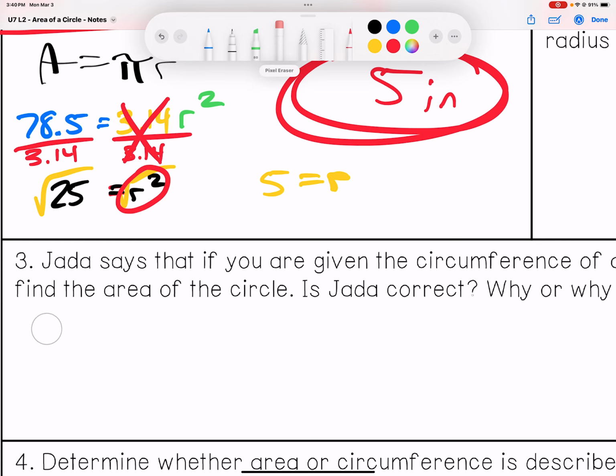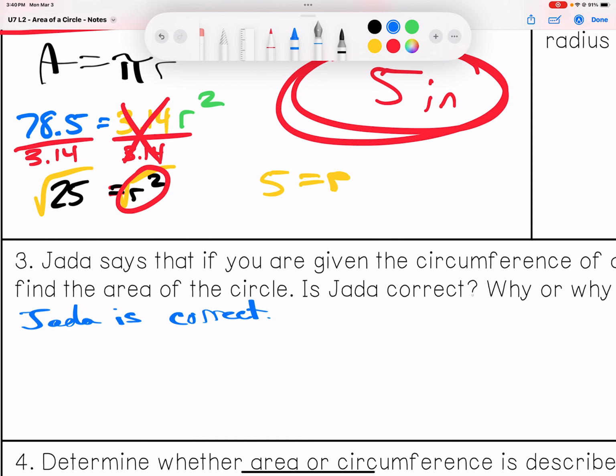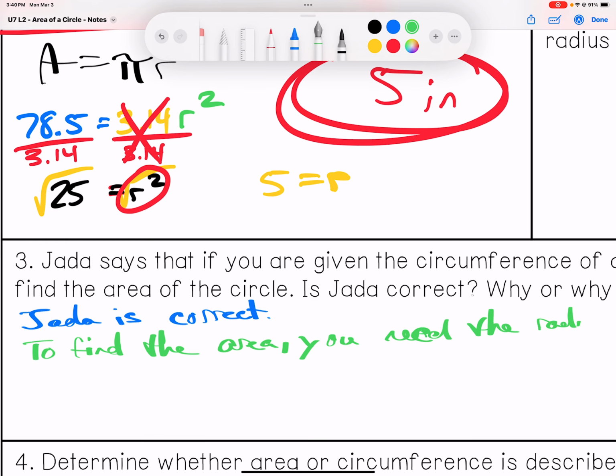So the correct answer is, I'm going to write this with my fancy pen: Jada is correct. And the reason is, I'm going to write this in green, to find the area, you need the radius.